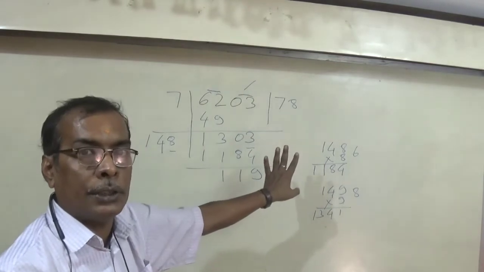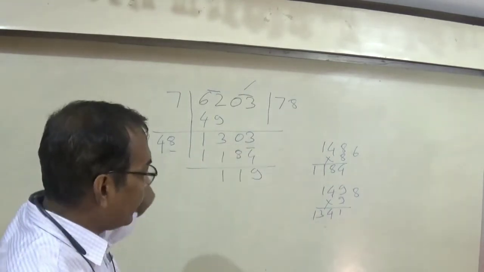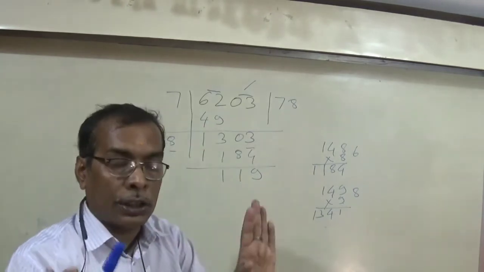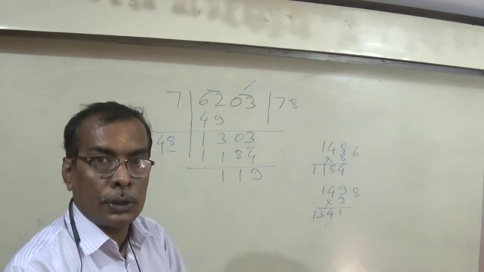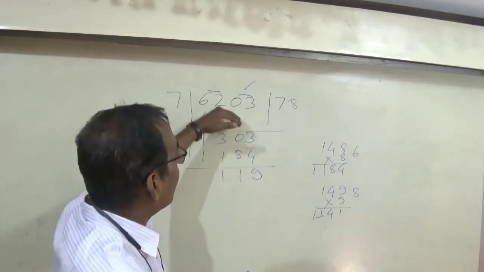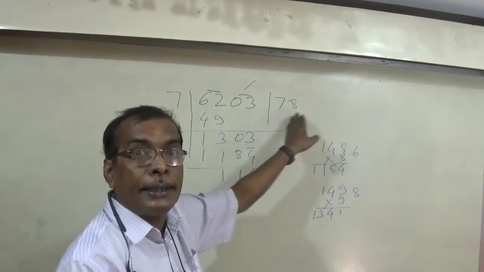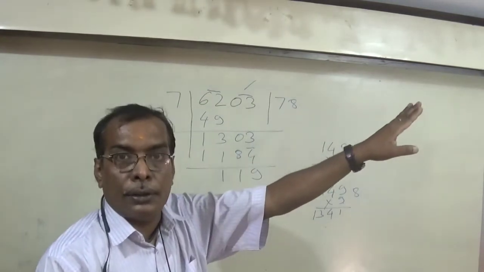Division has been completed because nothing is left here to carry over. So in that case, what will you have to add? I have told you that it is not this remainder. The square root of this number is 78 point something.